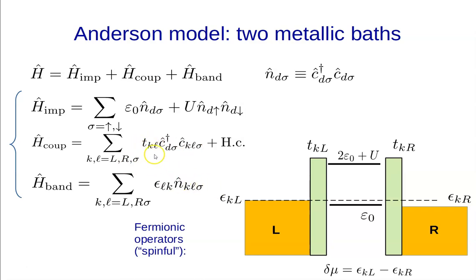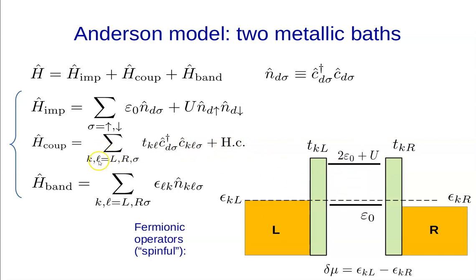So there's then this tunneling probability, which is essentially an energy, the hopping energy, that is essentially related to the probability of a process for an electron to go from one of the leads into the dot, and there's the Hermitian conjugate, which is the reverse of that.